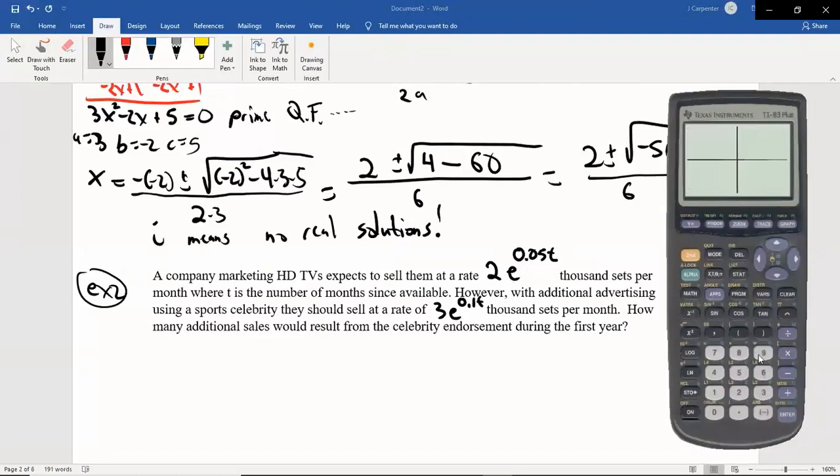Let's fix the zoom to standard. So this is the one with the 2 coefficient, and there's the one with the 3 coefficient. Now, this variable is in months. T is in months. And we're trying to do this over the first year. How many months are there in a year?